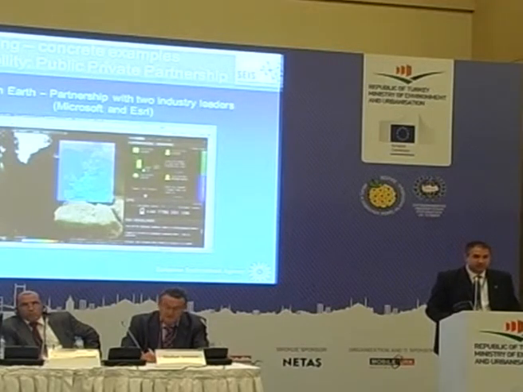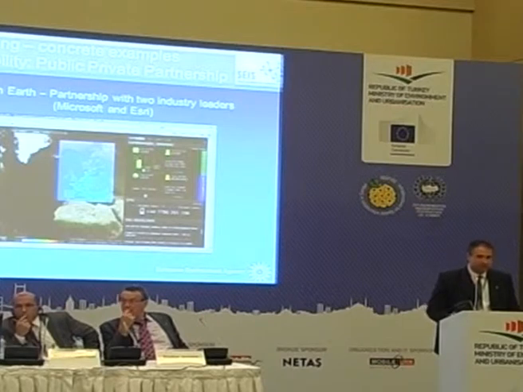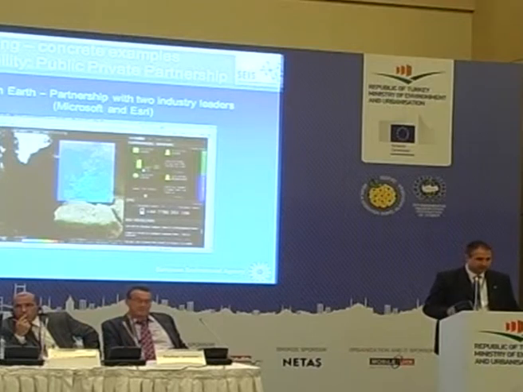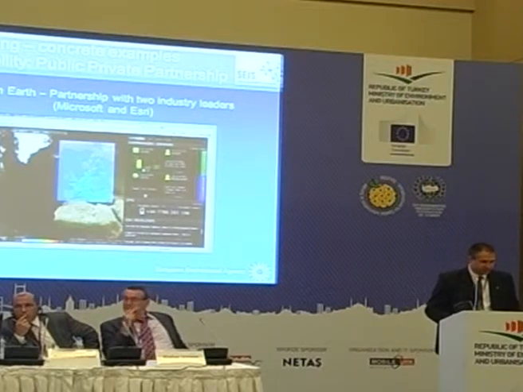We have a public-private partnership, the Eye on Earth system, which was built with Microsoft and ESRI and EEA. These are three main organizations involved, and we have to clearly define who is responsible for what, who has to do what within the system.